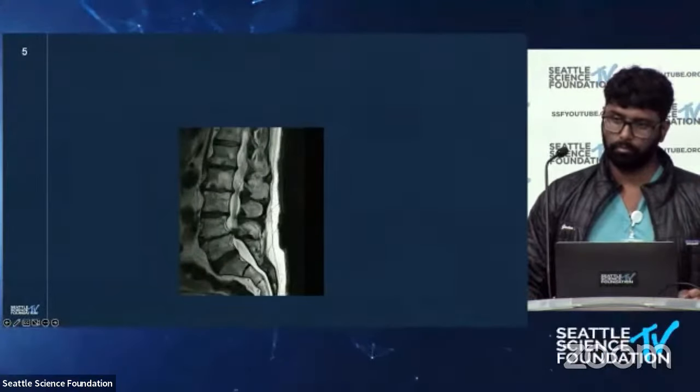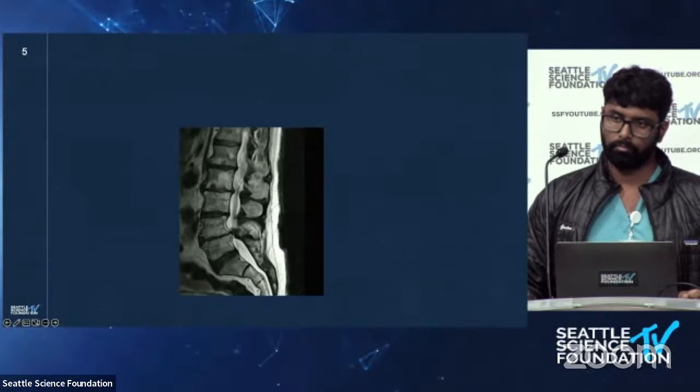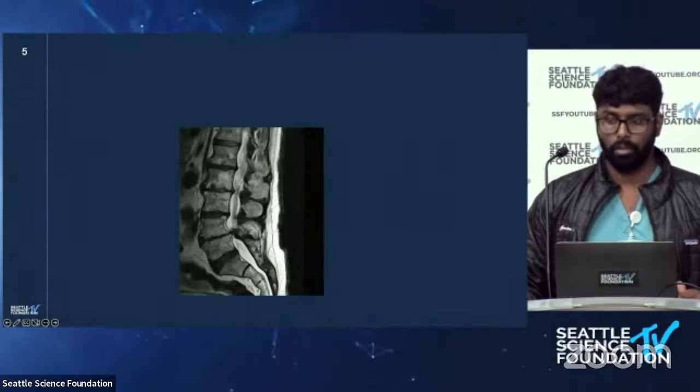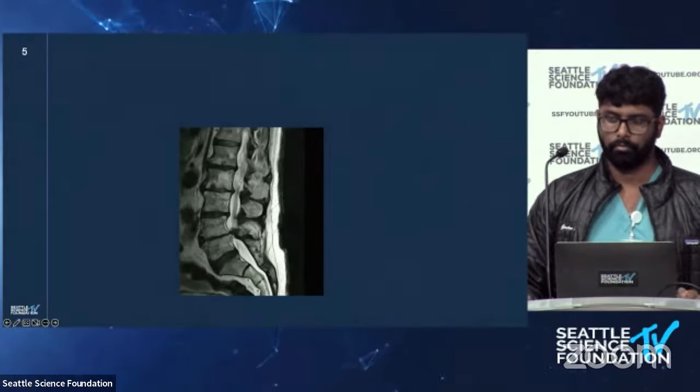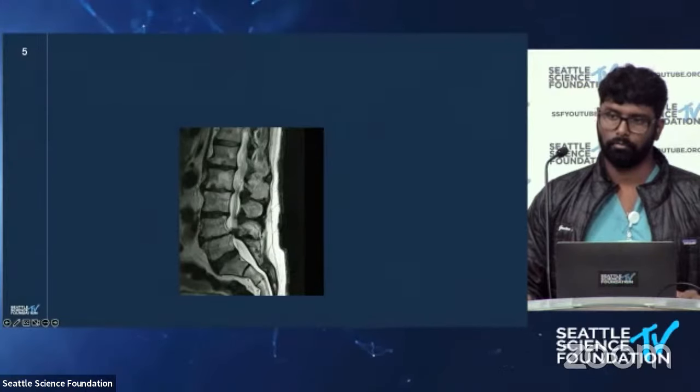Yeah, and obviously this came from an outside facility, so we don't really have that insight. But if you look back at the previous MRI, and again we don't have all the images, it looks like the 4-5 stenosis is the worst. Correct. The 3-4 level was instrumented.